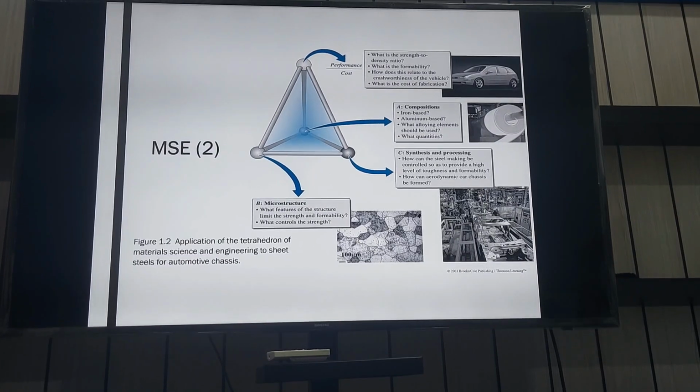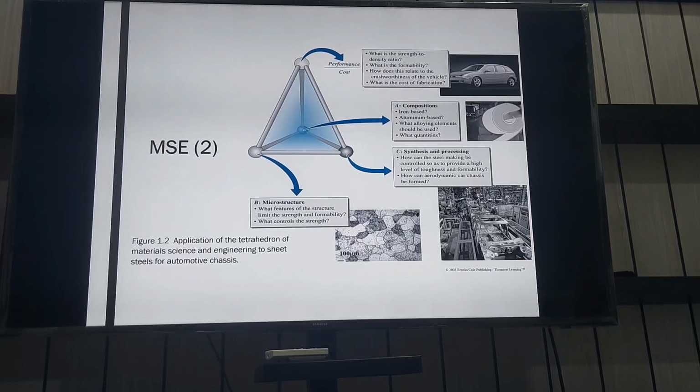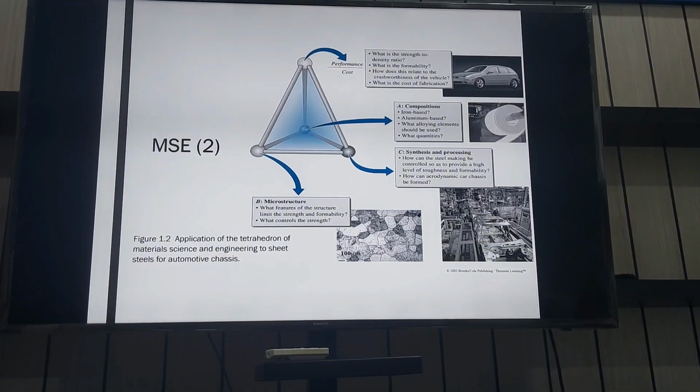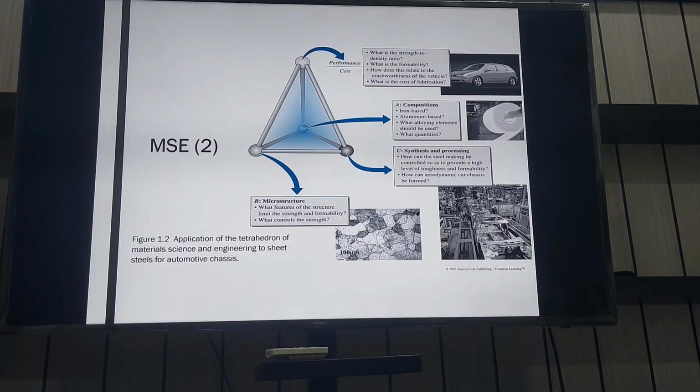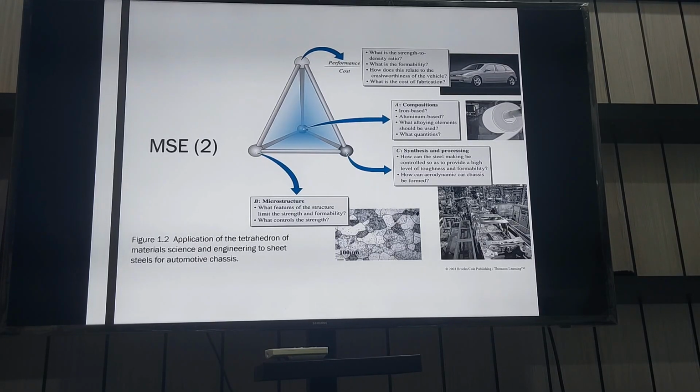So, one type of positive effect of defects in material, you already learned about substitutional and interstitial defects. What is substitutional and what is interstitial?